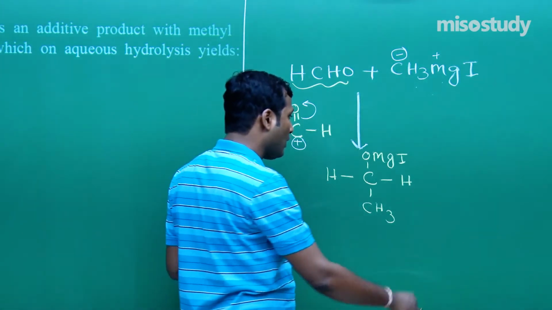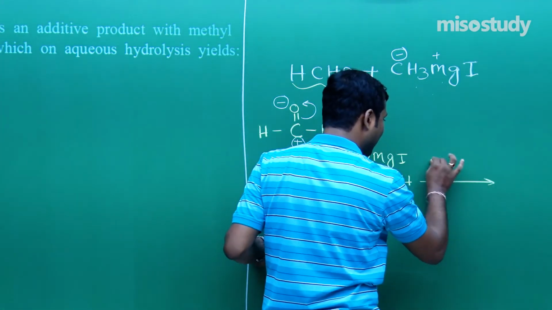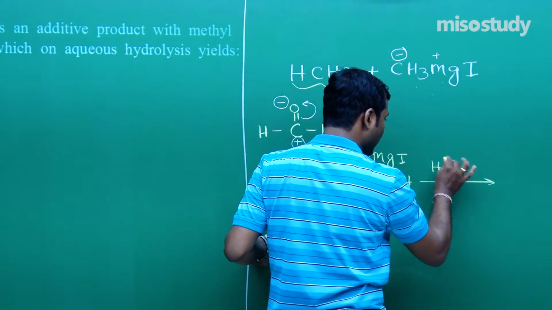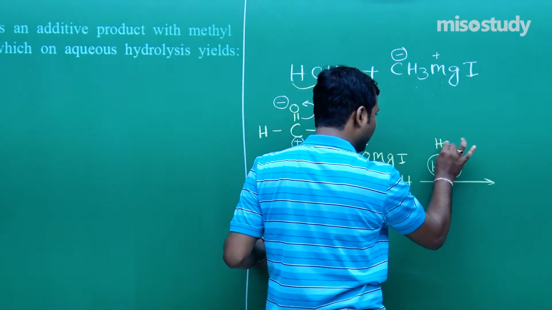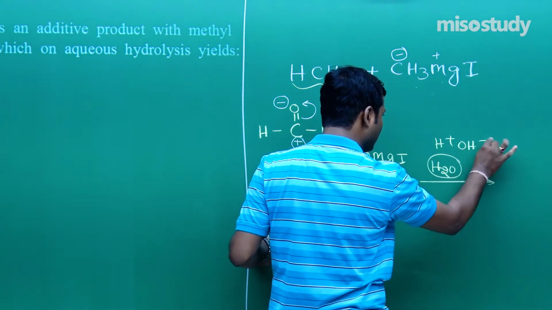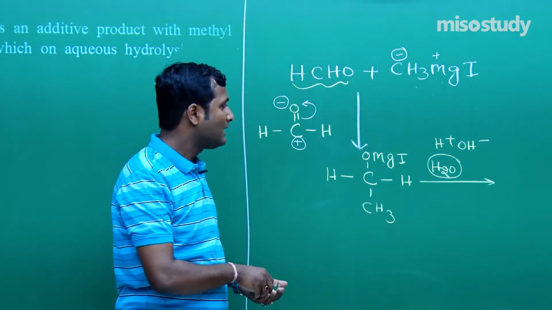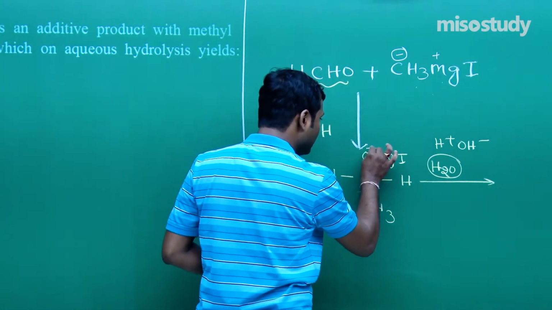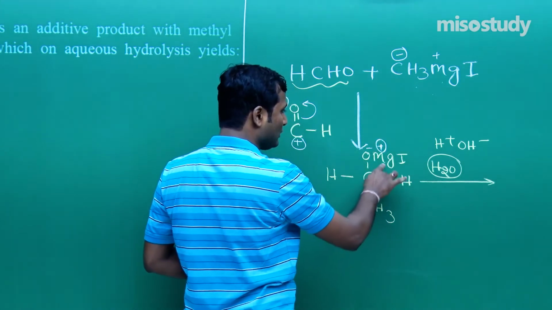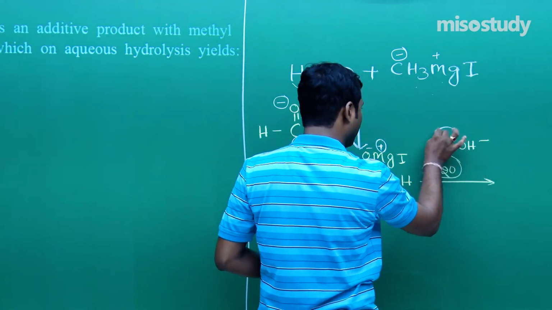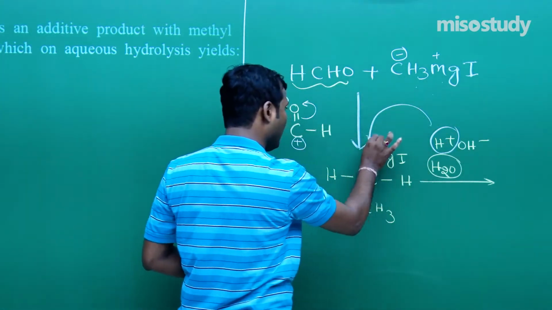Clear? Now on hydrolysis, that is H2O, as we know it will break like this, H plus and OH minus. Now what will happen? This one is minus and this one is plus. So this OH plus will move towards O minus.